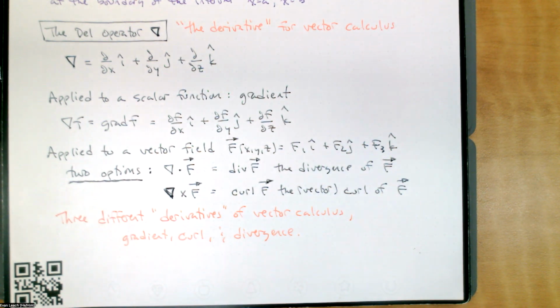So the way I want to picture this is that there are three different derivatives of vector calculus: the gradient, the curl, and the divergence.